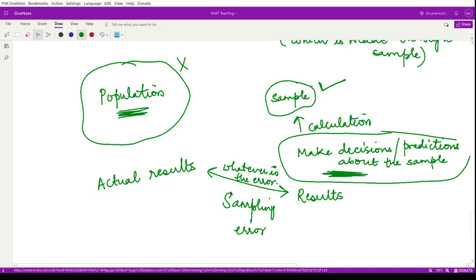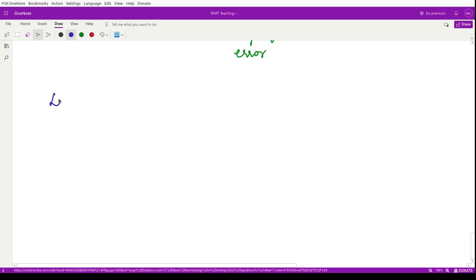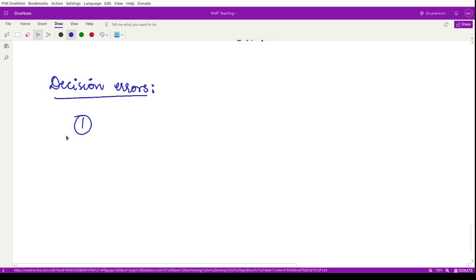And moreover, we have one more kind of error which is known as decision errors. So what are decision errors? There could be two things that could happen. We only make decisions corresponding to the null hypothesis. Your null hypothesis could be true or it could be false.